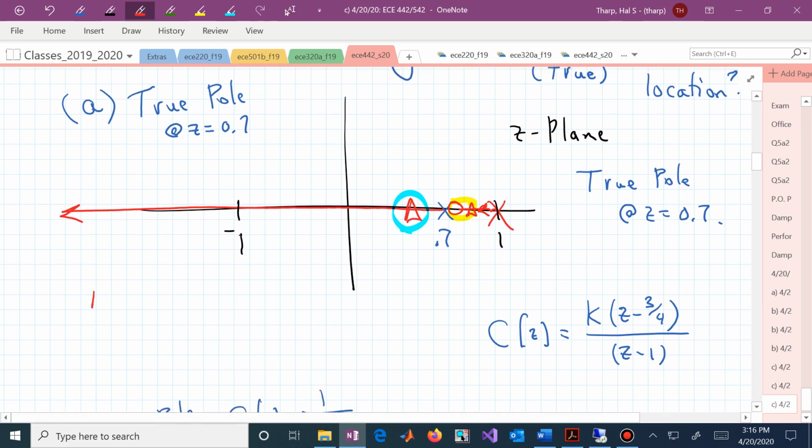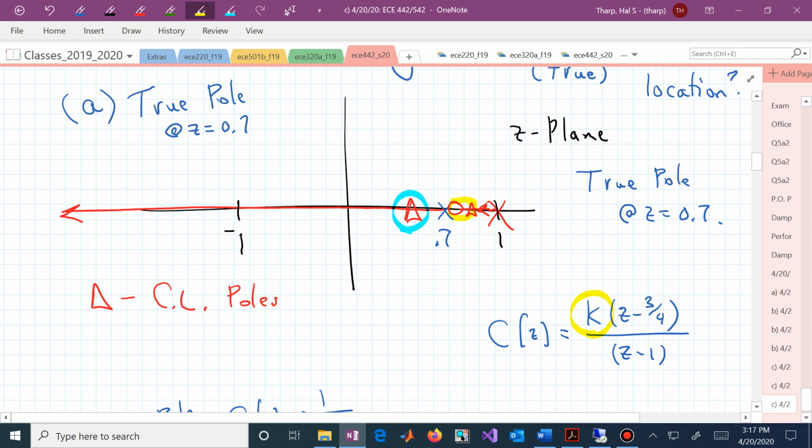and the effective dynamics are determined still by that closed loop pole, given by the triangle. So this triangle is now our closed loop pole, and in fact we have two closed loop poles. We have two open loop poles, one of the true plant at 0.7, one due to the controller pole at 1, and the triangles then are determined by the gain value k that we select.